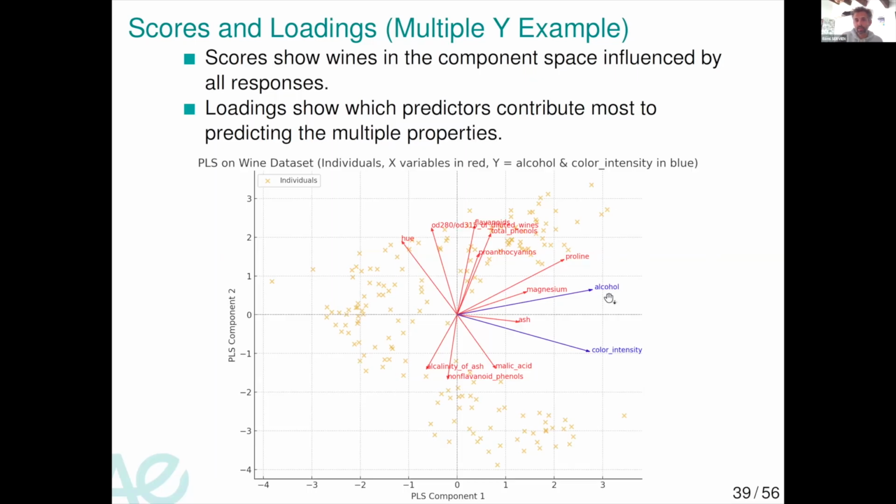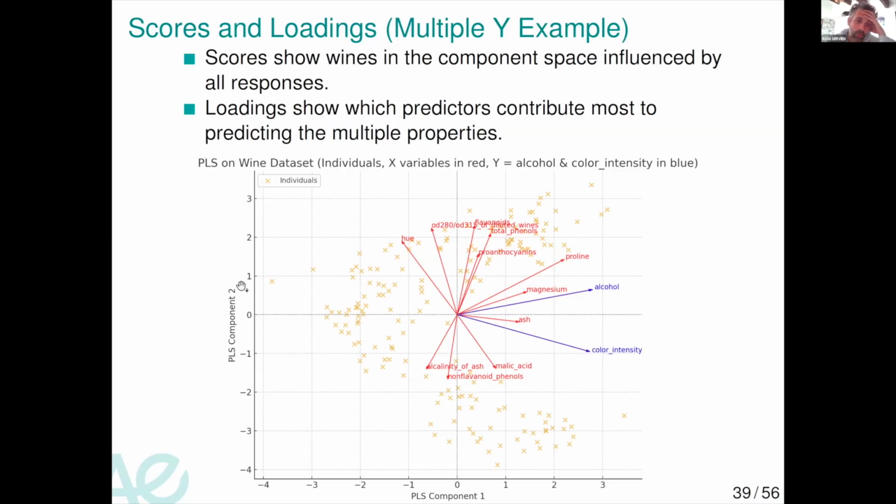So if you want to predict the alcohol and the color intensity that are here, it seems that on the first component, the more important variables are the proline, the magnesium, and the ash, and they are positively linked to the alcohol and the color intensity.